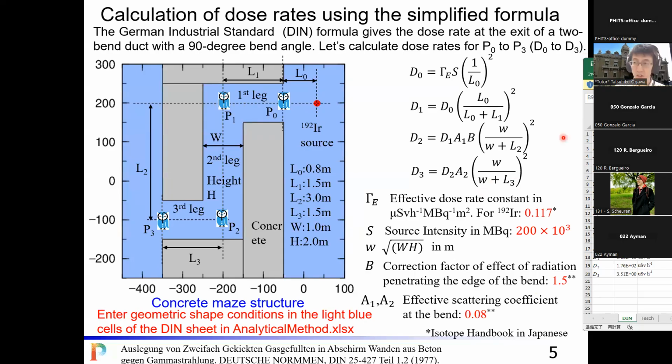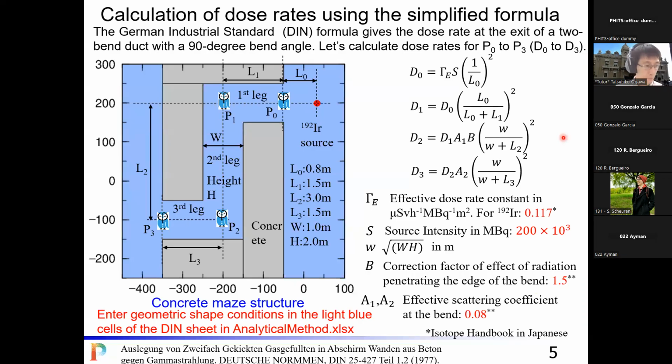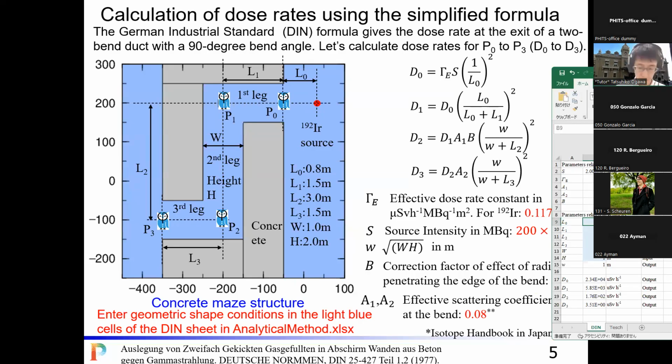So now it's time to go on. What we do in this exercise is to input the lengths in the spreadsheet. For example, L0 is 0.8, L1 is 1.5, L2 is 3, L3 is 1.5, W is 1, H is 2.